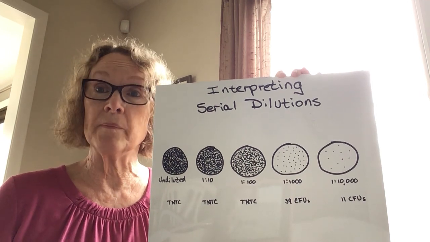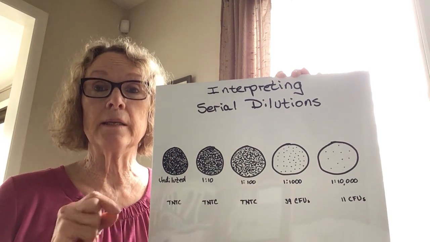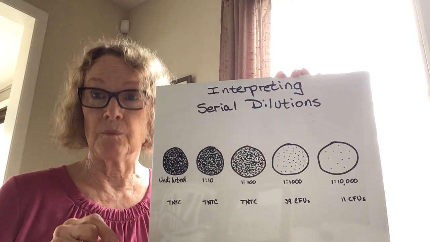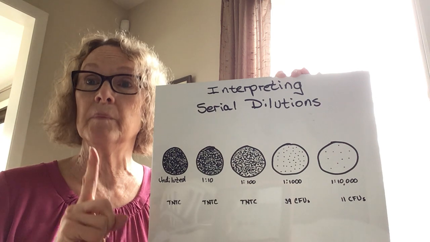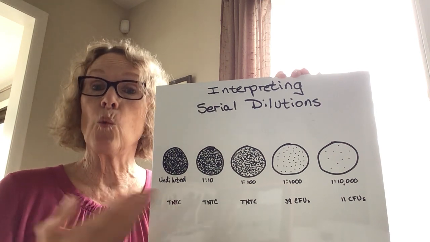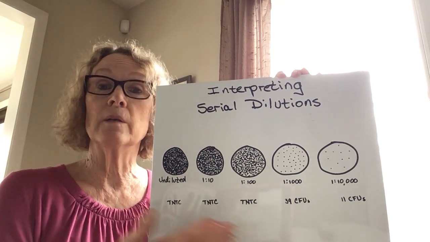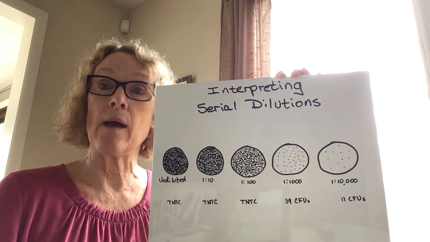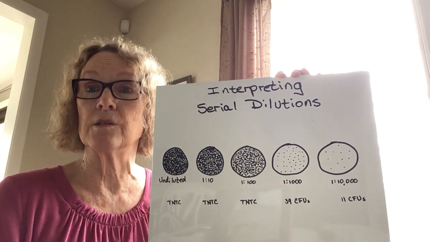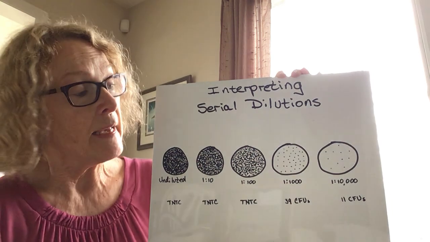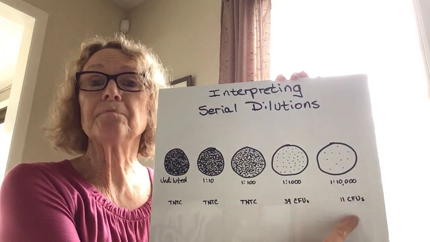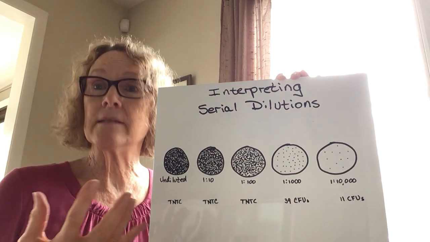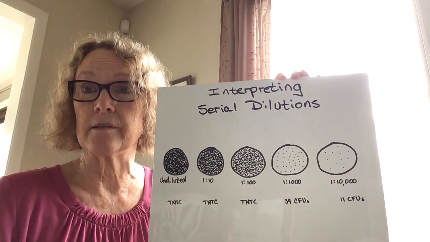So we took 1 milliliter out, we put it into the first dilution blank, making our first 1 to 10 dilution with 1 milliliter of milk. So our results are going to be how many organisms were in that 1 milliliter of milk that we used to start this. A lot of people immediately think that we ought to use this plate because it has an easily countable number of organisms.